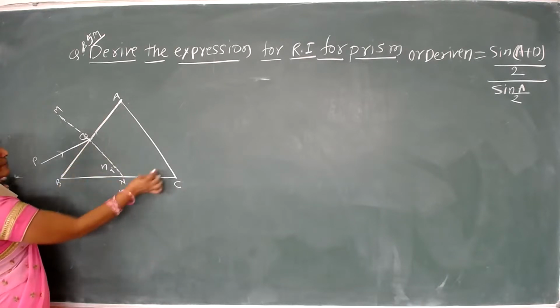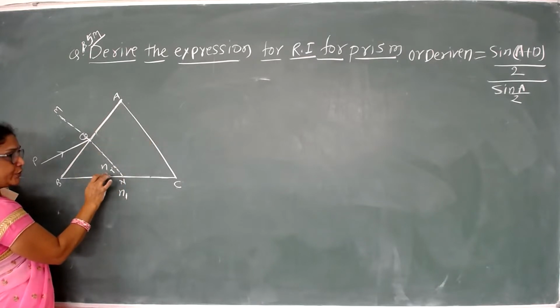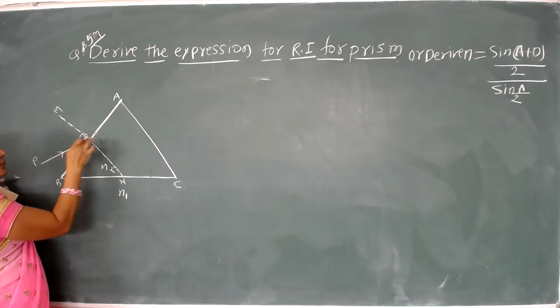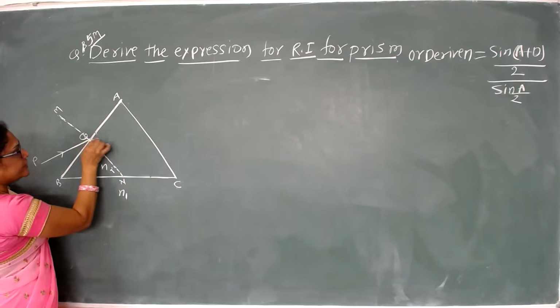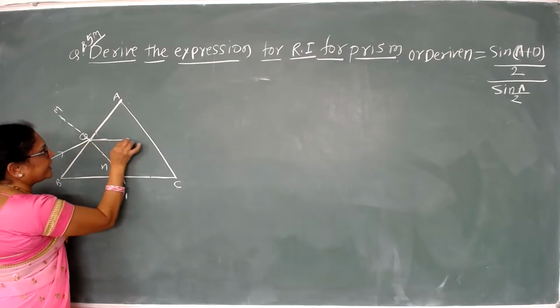So here, this prism is a homogeneous medium with refractive index n2. The ray of light enters from the air medium to the denser medium, so it bends towards the normal and it is propagated in a straight line direction.